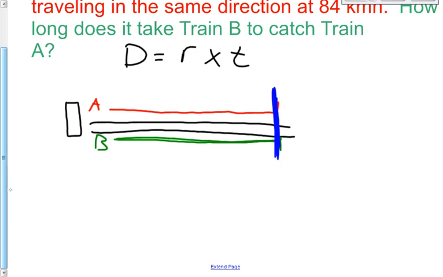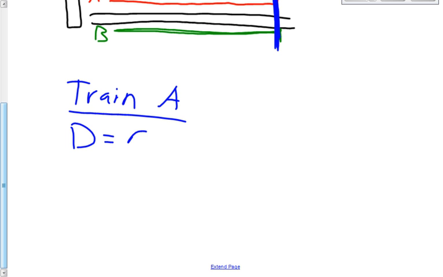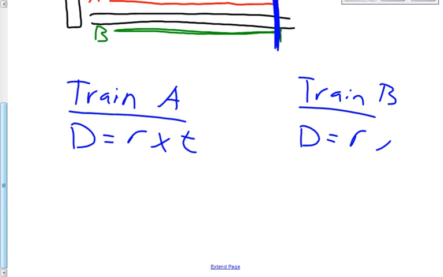So get this. You have train A, where the formula for that is distance equals the rate multiplied by the time. And now you also have train B, where that formula is the distance of train B also equals the rate multiplied by the time.